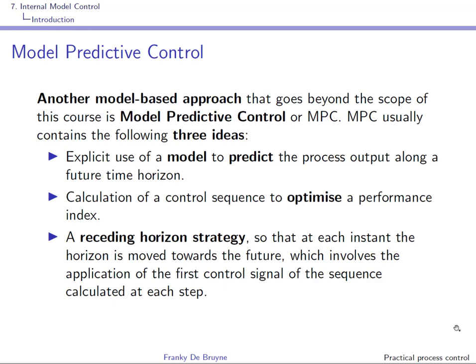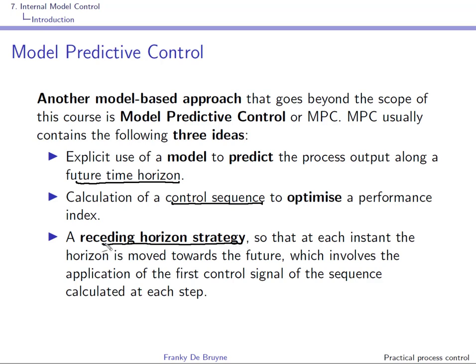Model predictive control contains the following three ideas. An explicit use of the model to predict the process along a future time horizon, and then the calculation of the optimal control sequence over this horizon, and a receding horizon strategy.